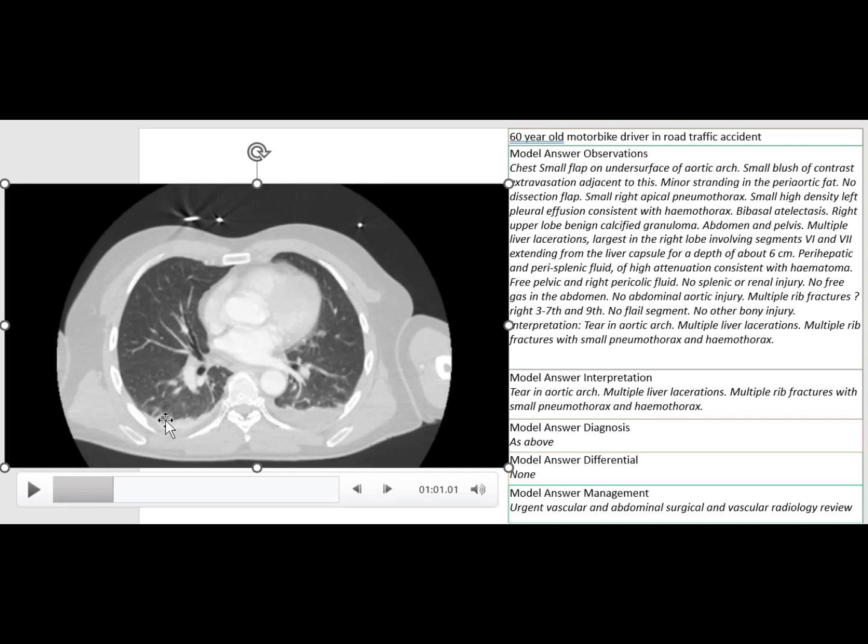Can you see this white part? This is a collapsed lung parenchyma with pulling of the adjacent bronchovascular bundle into it. This is called comet tail sign of atelectasis. Okay, so here there are bibasal atelectasis.